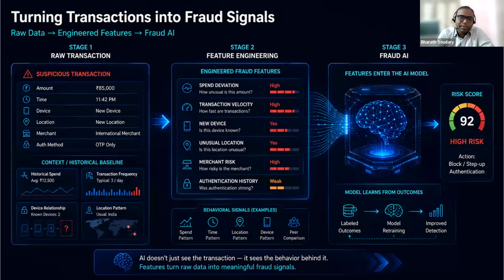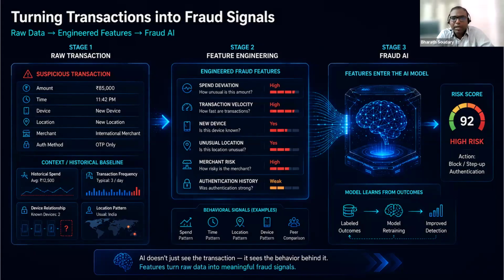Stage 3, fraud AI. The engineered features are sent into the AI model. The model produces a risk score. For example, if the risk score equals 92, it is a high risk.